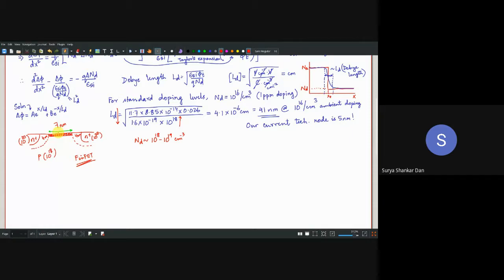That is a planar technology. FinFET is a 3D technology. So what we have understood in this lecture until now is that, depending on the technology node, we have to keep on increasing the doping levels. So I'll just change this here.